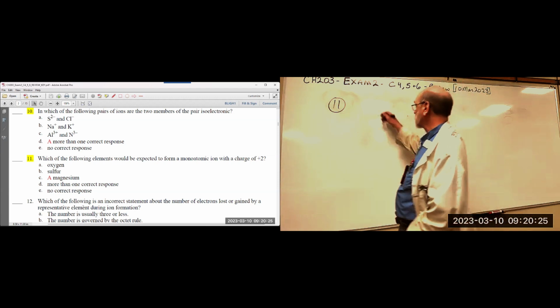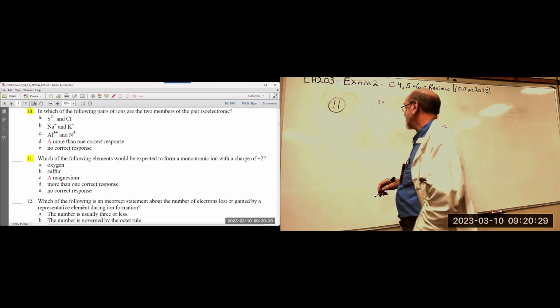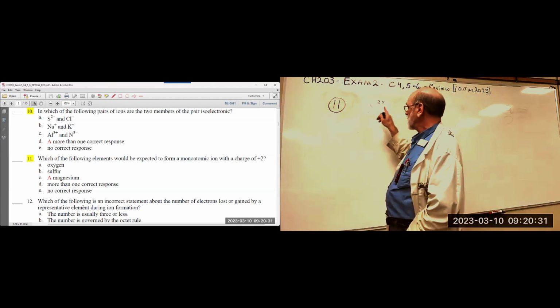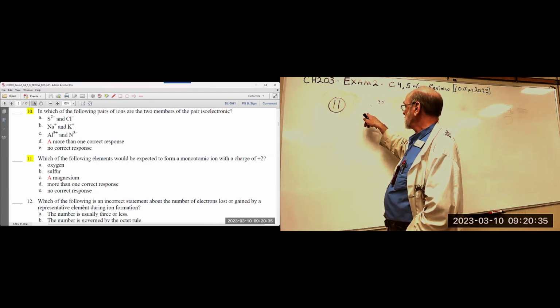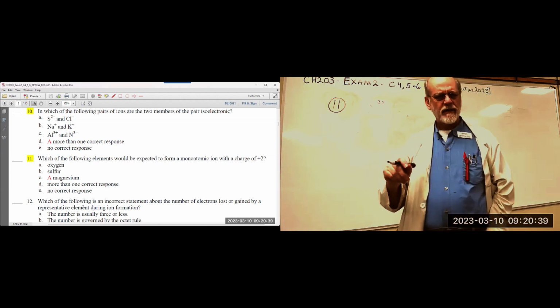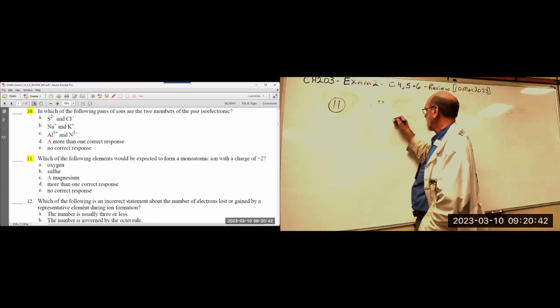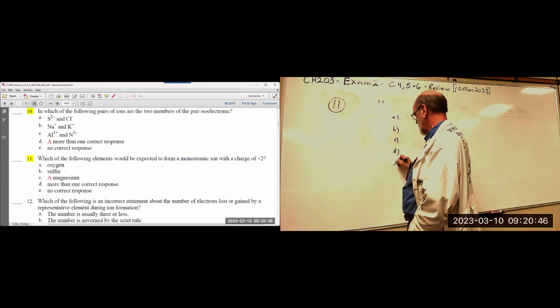It has to have 2+. So it's going to be whatever the Z is, minus 2. Well, we have to look at where it is located. Let's take our examples here: A, B, C, D, and E.